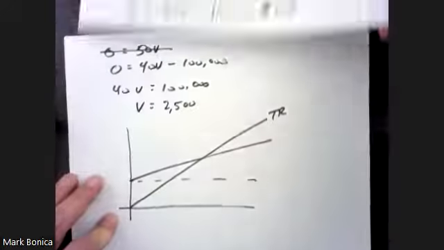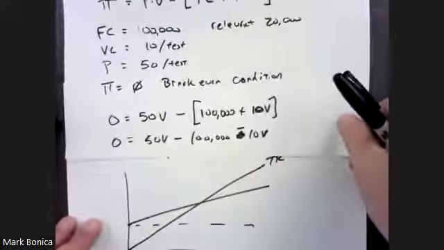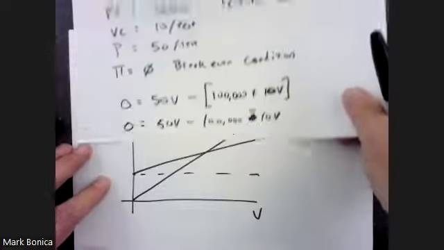What's the slope of the total revenue curve? Total revenue is price times volume. So what is the slope of the total revenue curve? 50, right? It's the price, whatever the price is. So this is 50. How much fixed cost do we have? We said 100,000.